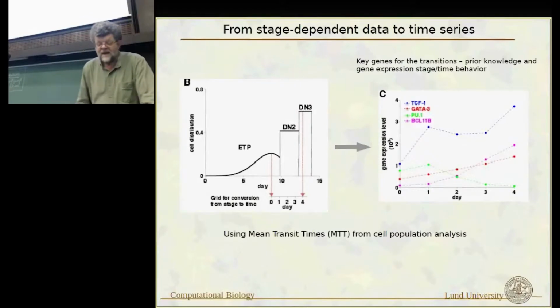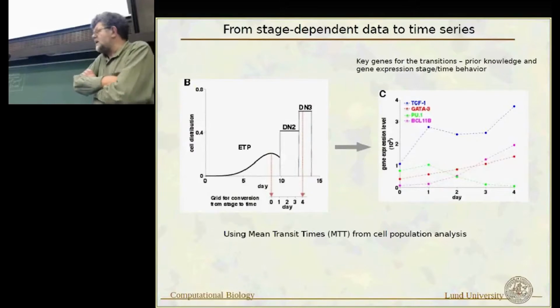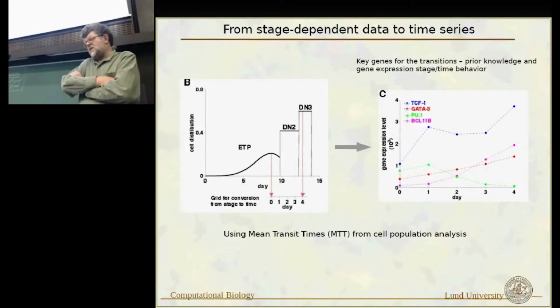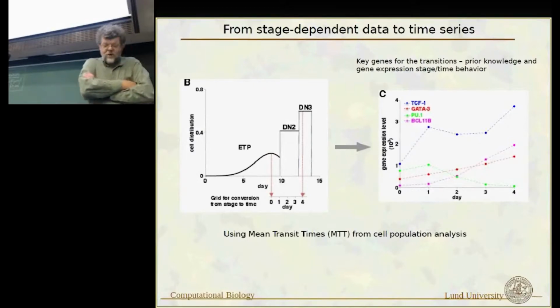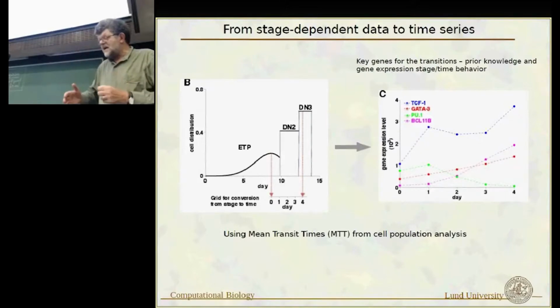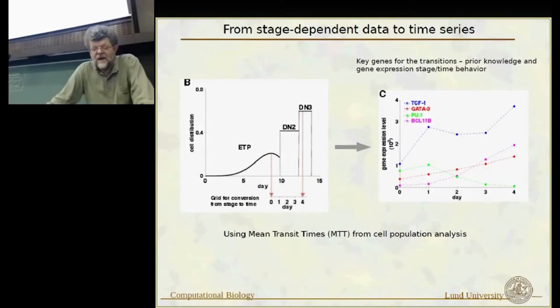Okay, time for data again. So we have looked into what you want to do. If you want to look into commitment, you want to have a time series. We don't have a time series. What we have is, again, data that has been assembled according to surface markers for DN1, DN2, DN2A, DN3, and so on and so forth.